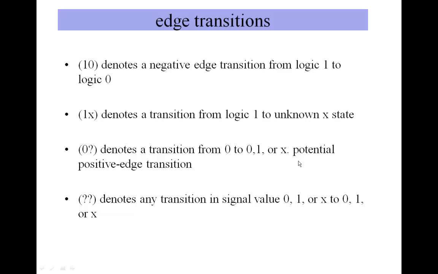The way we are calling this one a potential positive edge transition, this can be termed a potential negative edge transition. Now look at this. Within parentheses, if we have a question mark, it denotes a transition in a signal value from 0, 1 or x to 0, 1 or x. So any transition. So these are the edge transitions.